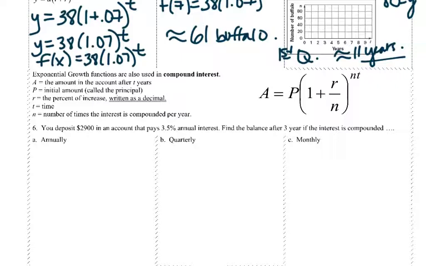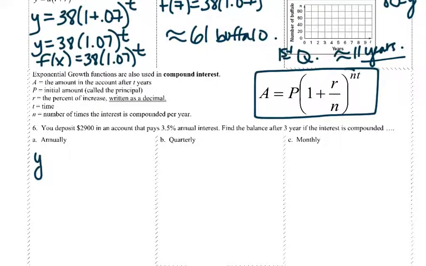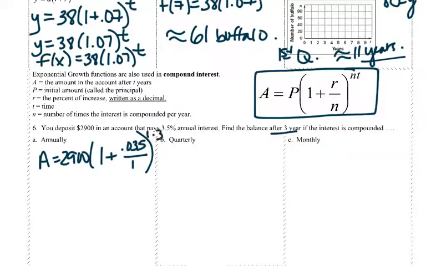Here's another version of the exponential growth equation. This is with compounding, where n is equal to the number of times that the interest is compounded every year. So let's see, the final amount A is equal to the principal, which is 2,900, times 1 plus 0.035 over 1, since annually means it's compounded once a year, and then find the balance after 3 years, so 1 times 3.